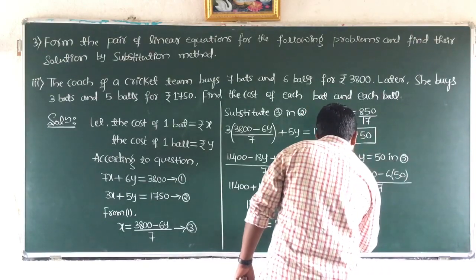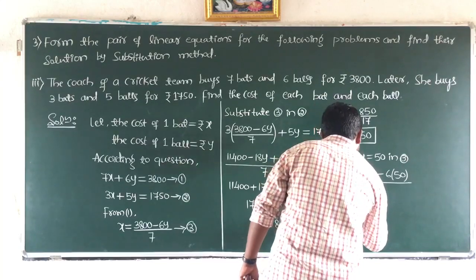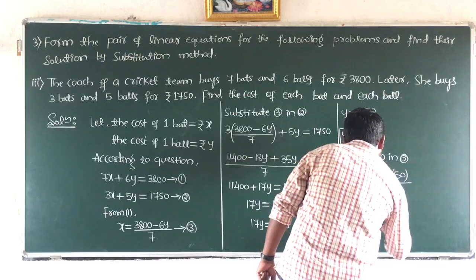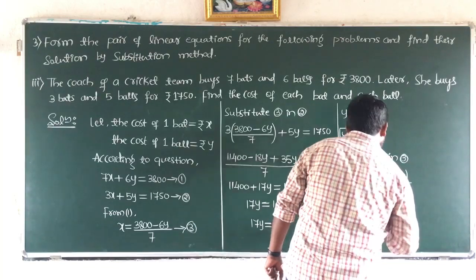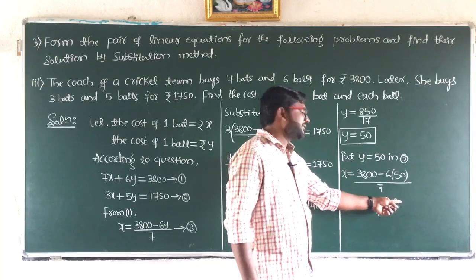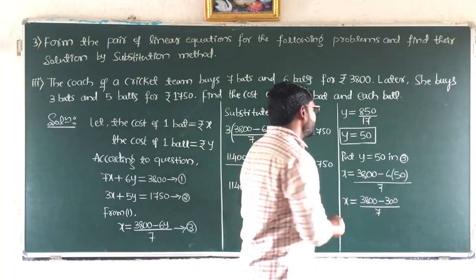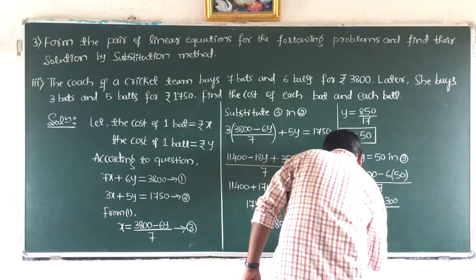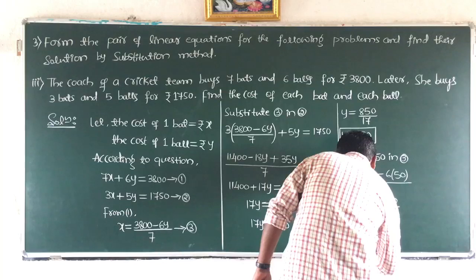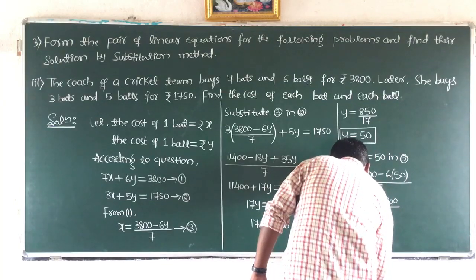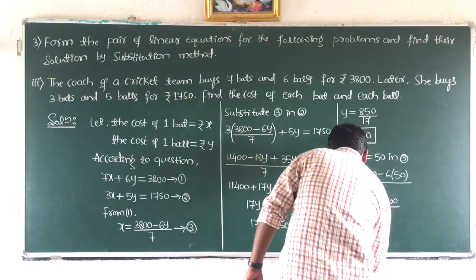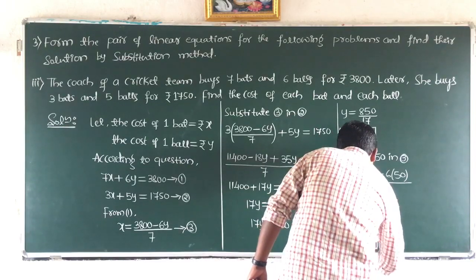So now x is equals to 3800 minus 300 divided by 7. So 3800 minus 300 will be 3500. Now divided by 7. 3500 divided by 7, x which is equals to 500. So this is the value of x.